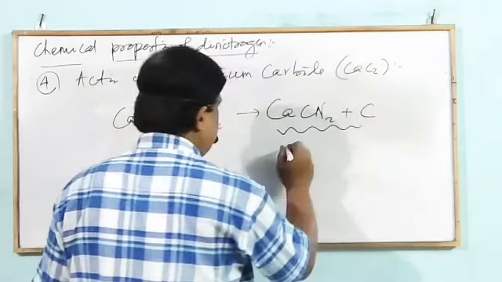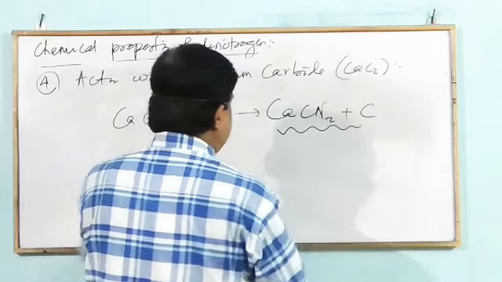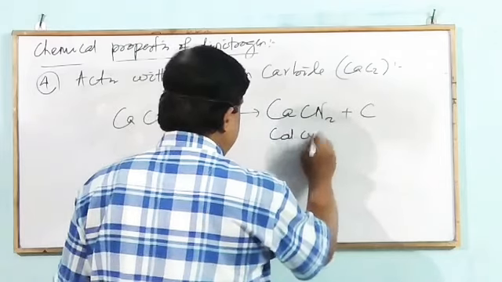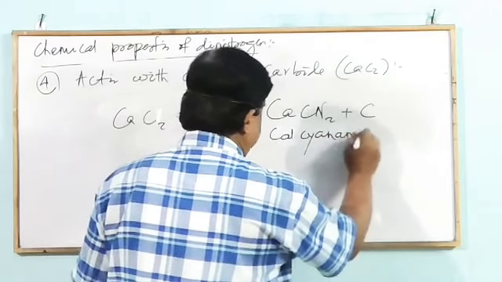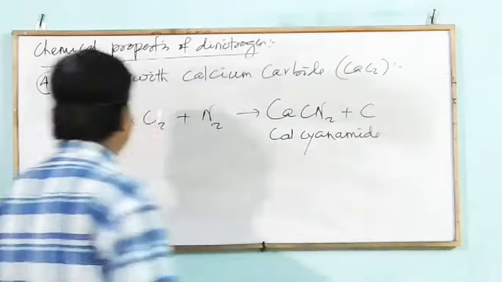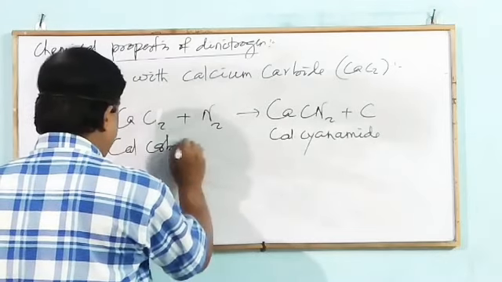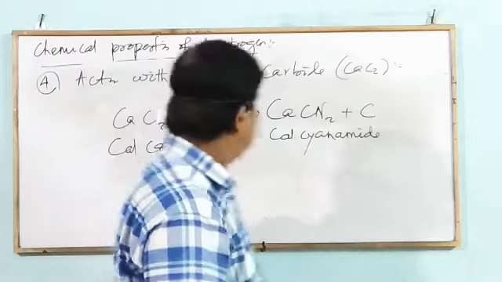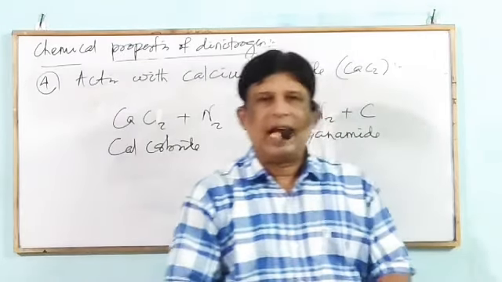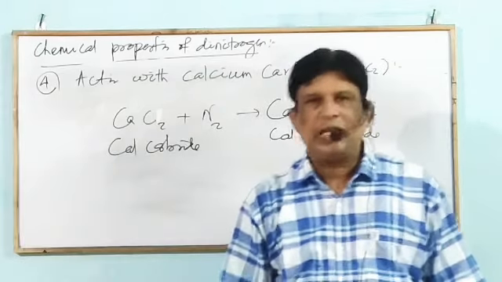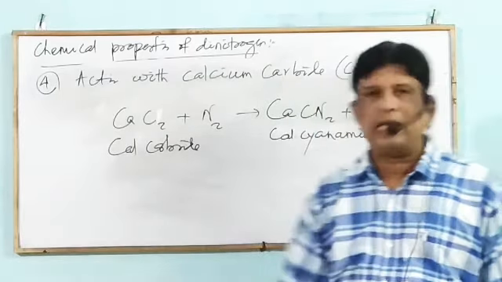This mixture is known as calcium cyanamide. Mark that. When dinitrogen combines with calcium carbide, it results in the formation of calcium cyanamide.